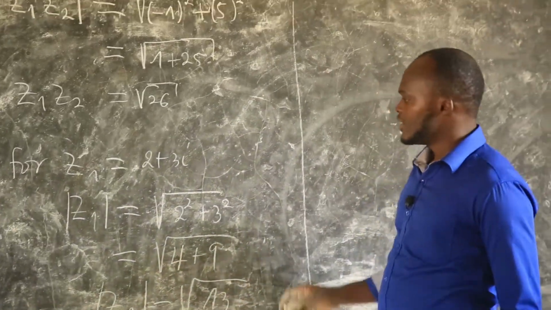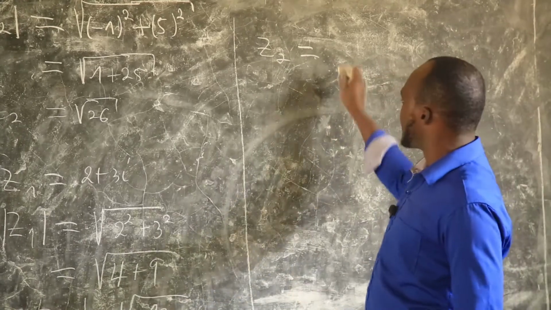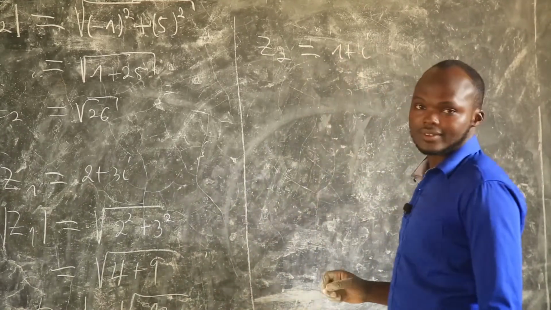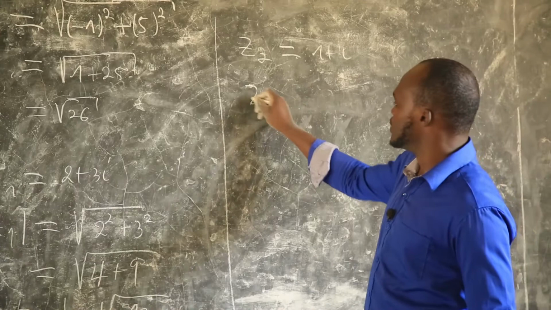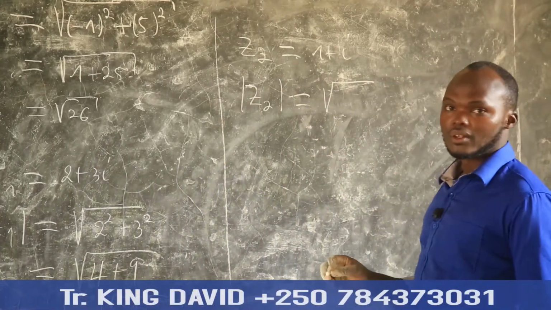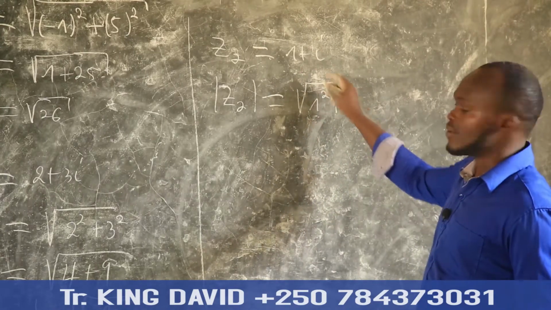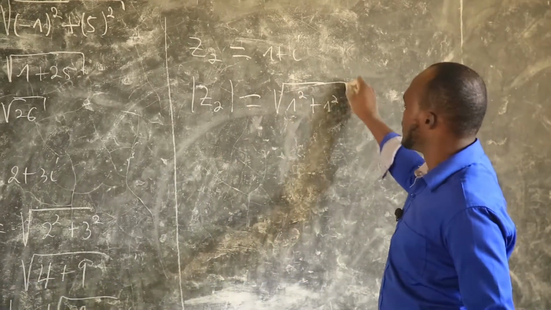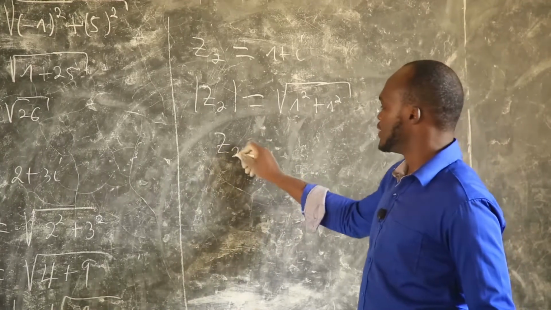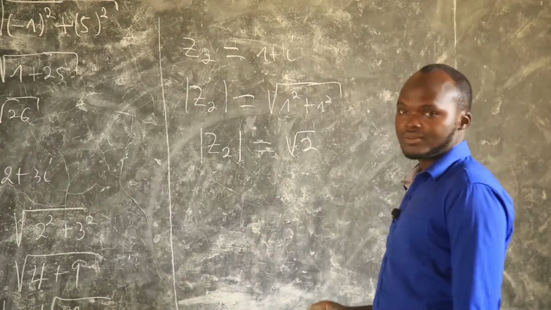Then for Z2, which is 1 plus i, the modulus of Z2 is root of 1 squared plus the coefficient of i, which is 1 squared. Then the modulus of Z2 is root 2.